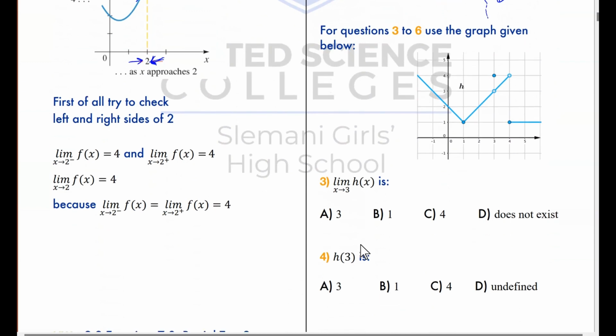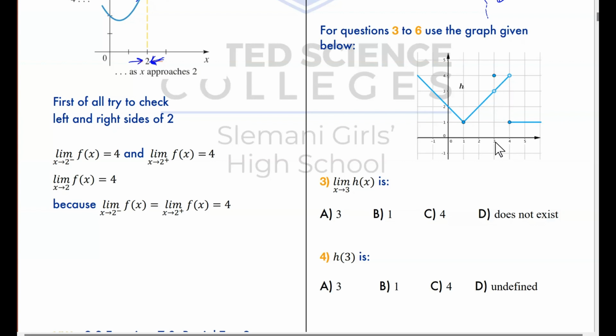Another question, we will be focusing on a lot of different examples here. So what is the limit as x approaches 3 of h of x? At 3, go to your graph. Here I have a graph. I have a filled point and an empty point, but I don't care about the point. What I care about is the behavior of the graph.